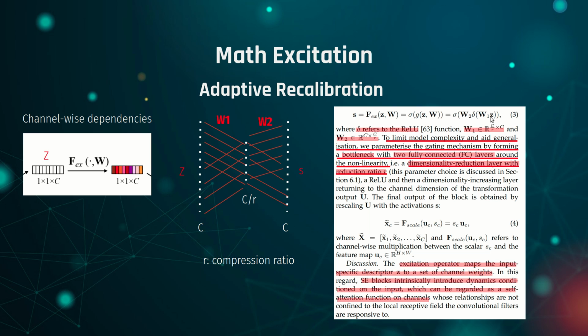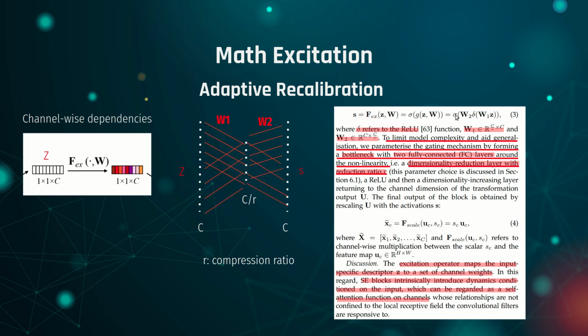After the fully connected layer, you have a ReLU, which is an activation function. This is just the simplest operation: you have one weight, then the activation function, and you multiply by another weight, and then you have a sigmoid function here.